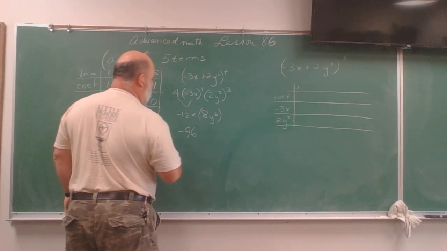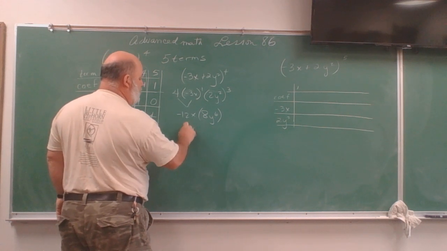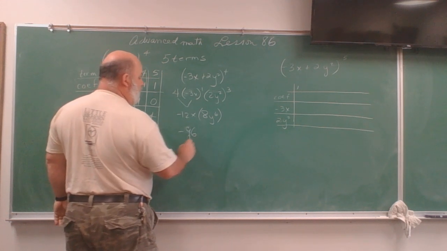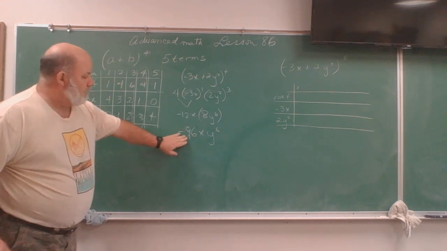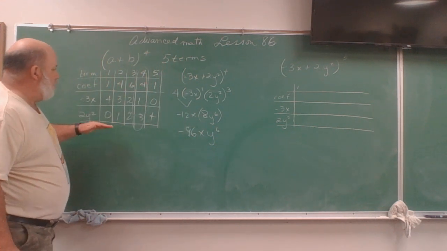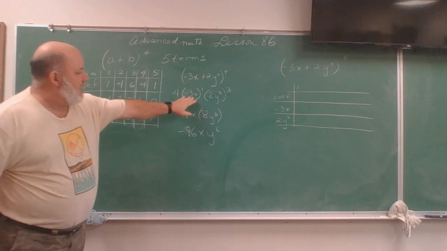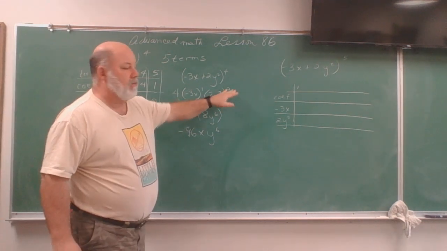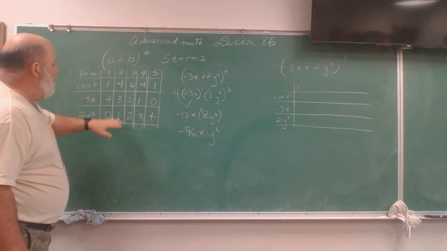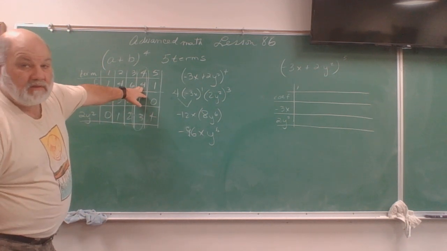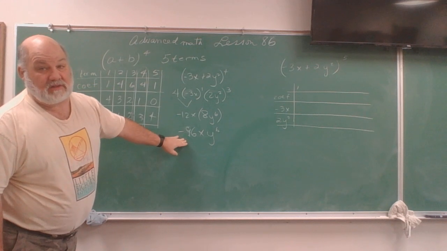I get negative 96x y to the 6. We need to make sure that the entire term is to the first power, or the entire term is squared. And like I said, originally you would think your coefficient is 4. It turns out to be negative 96.